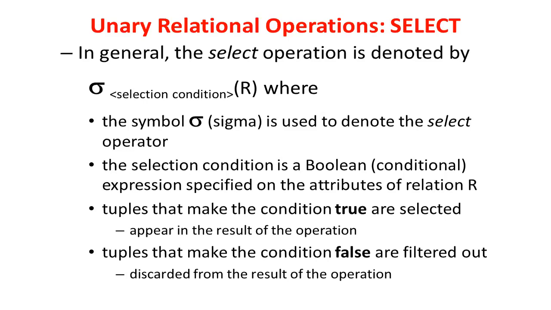Tuples that make the condition true appear in the result of the operation. If the condition is false, then the tuple is discarded from the result of the operation. That is, no tuples or records will be returned from the given relation or table.